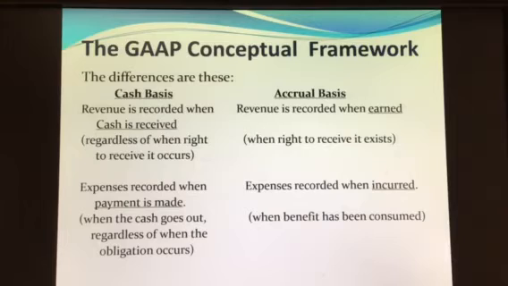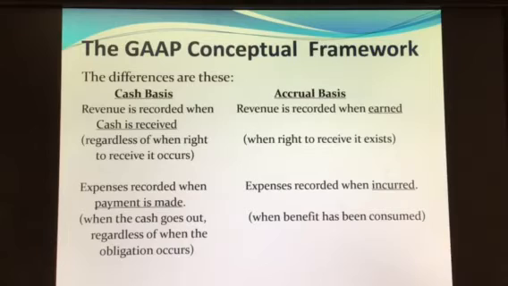That is, regardless of whether the company has a right to keep that money, whether or not it has done what it needs to have earned that revenue. And expenses are recorded when payment is made, that is, when the cash goes out, regardless of when the obligation occurs or whether or not the company has consumed or used up that expense item.